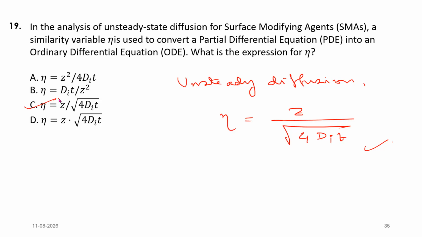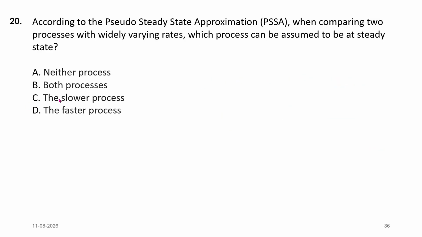Next, according to the pseudo-steady state approximation, when comparing two processes with widely varying rates, which process can be assumed to be at steady state?